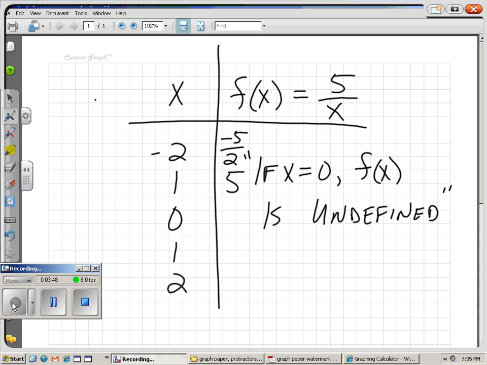If I put 0 in, then I have 5 divided by 0, and my answer is actually undefined. If I put 1 in, I have 5 over 1 again, which is 5, and if I put 2 in, I have 5 over 2. Whoops, up here, this is supposed to be a negative 1, which would make that a negative 5, my bad. But you guys get the idea.